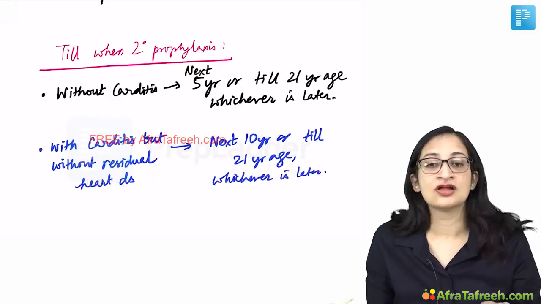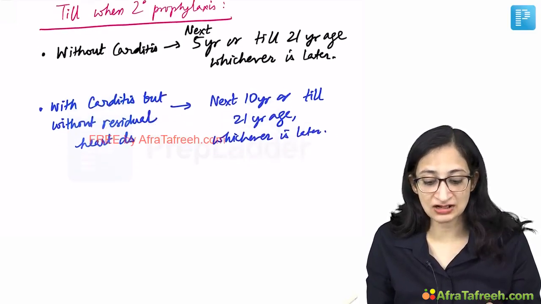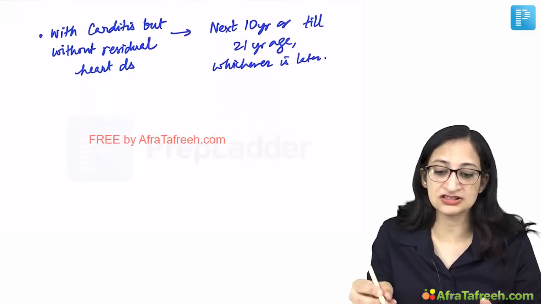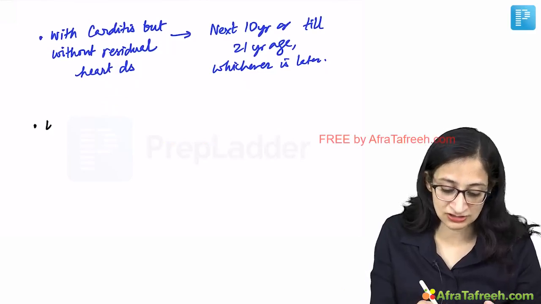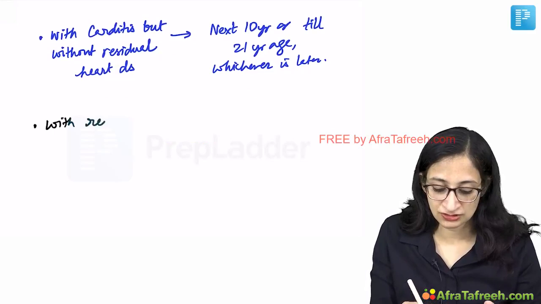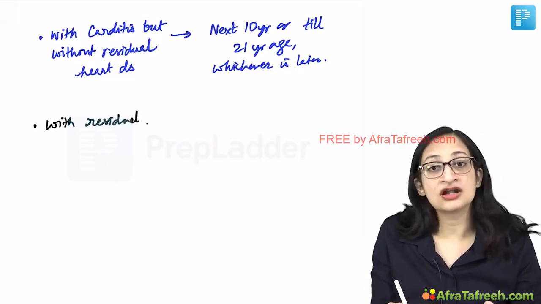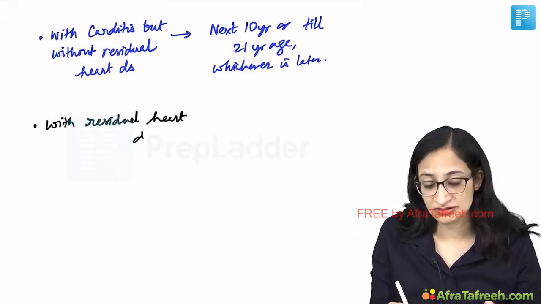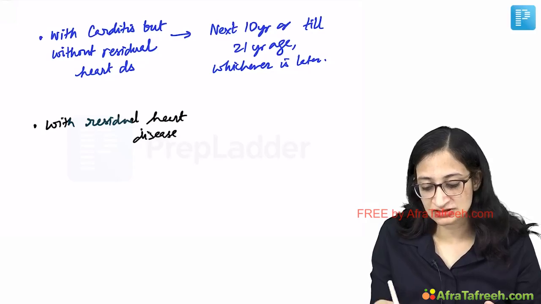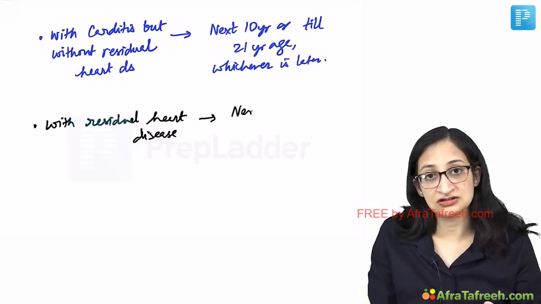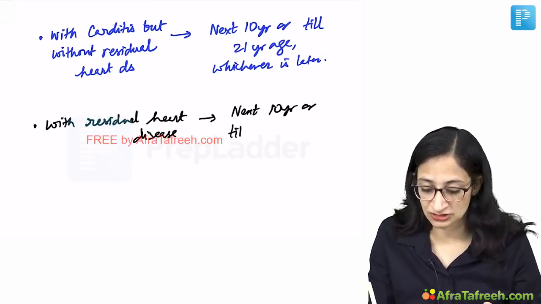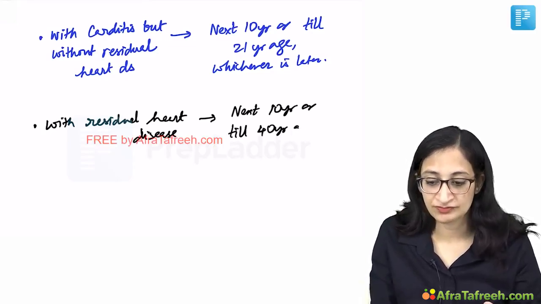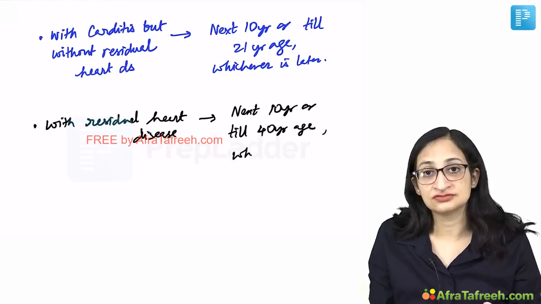But if the individual had carditis and residual heart disease is also there, then you will give prophylaxis for the next 10 years or till 40 years of age, whichever is later.